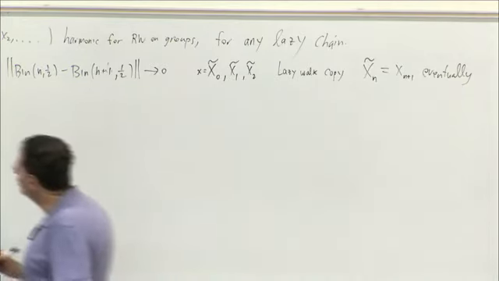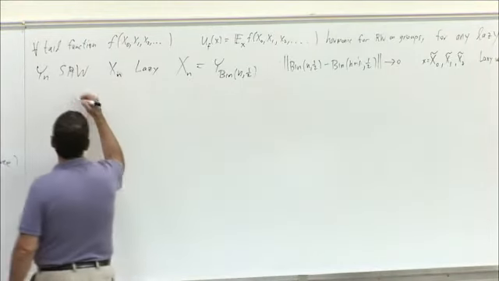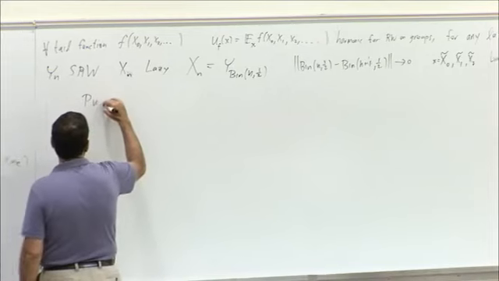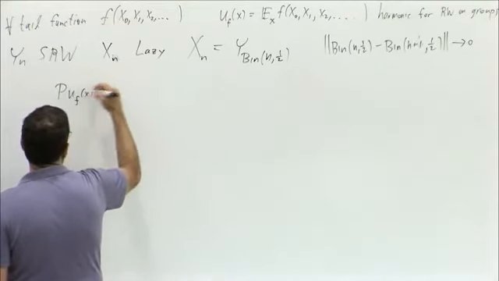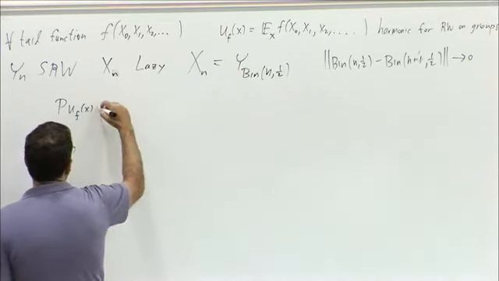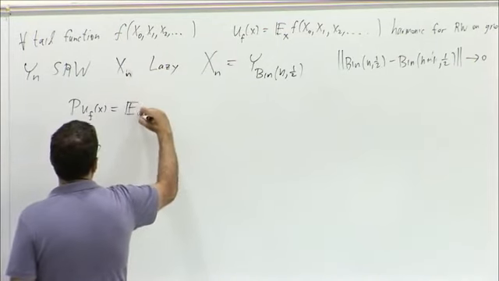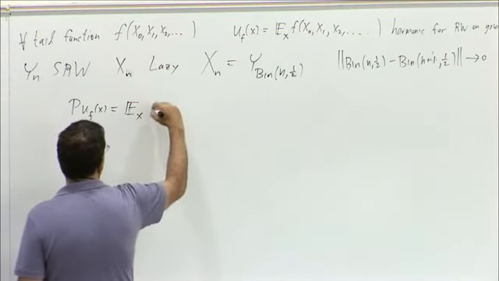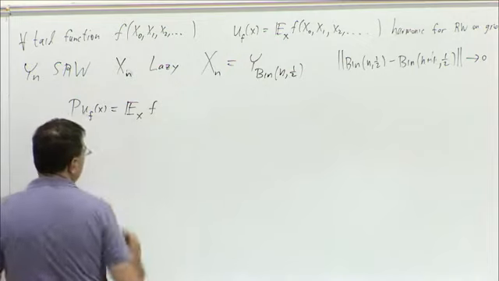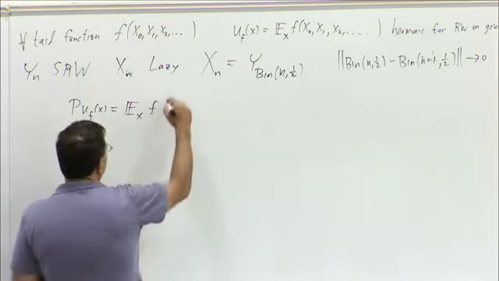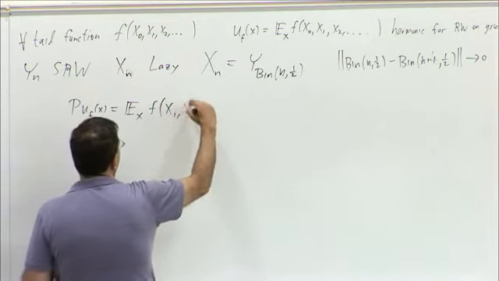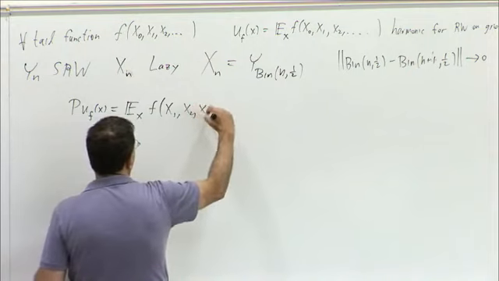And then the way we use it is to check harmonicity, we apply P to u_f of x. Now, by definition of P, it's just moving time one step forward. So this is the expectation starting from x, so X_0 is x, and then we look at f of X_1, X_2, X_3, and so on.